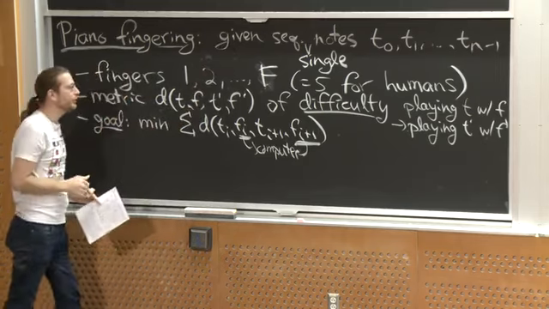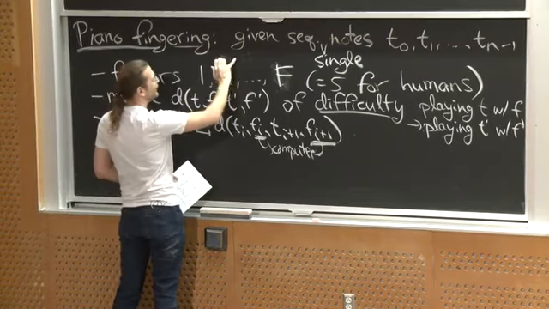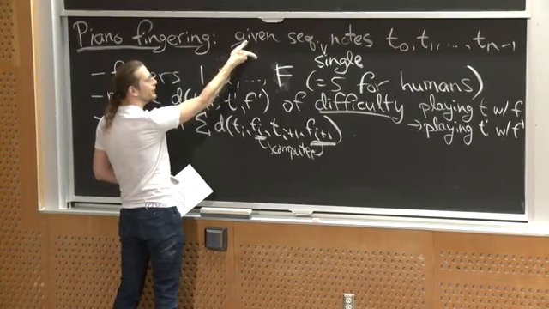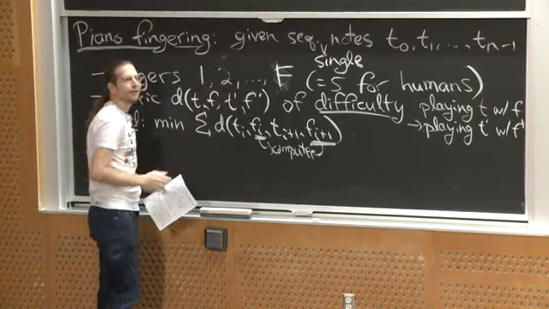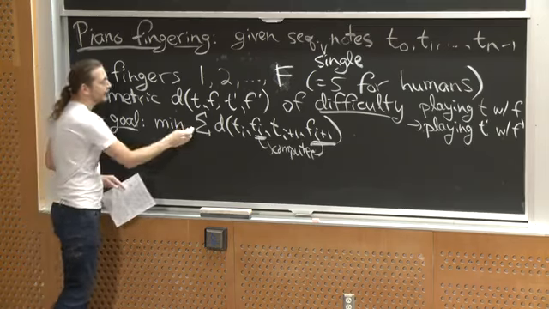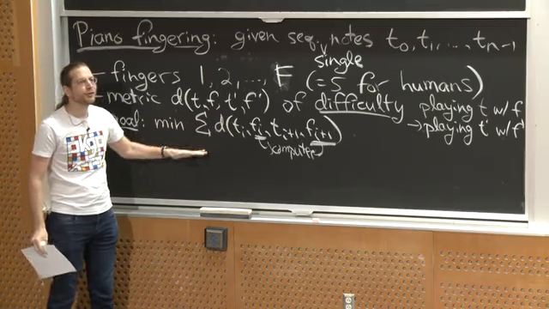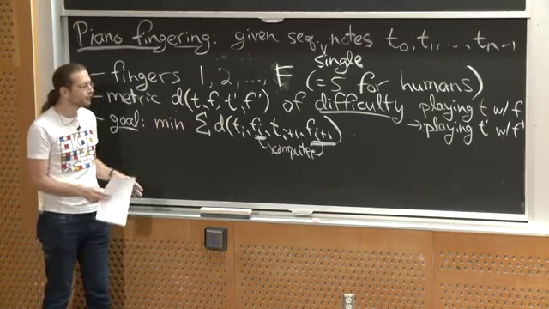You don't want to go, like I was doing, from a high numbered finger to a low numbered finger to play a note on the right. That's annoying. So I'd like to do an assignment, if I can, that avoids that. So I'll just have some penalty of like 100 if that happens and 0 if it doesn't happen. Sum up a bunch of terms like that.